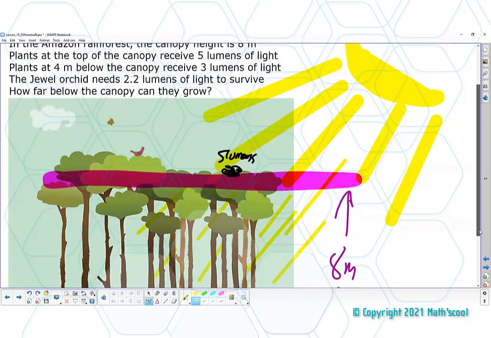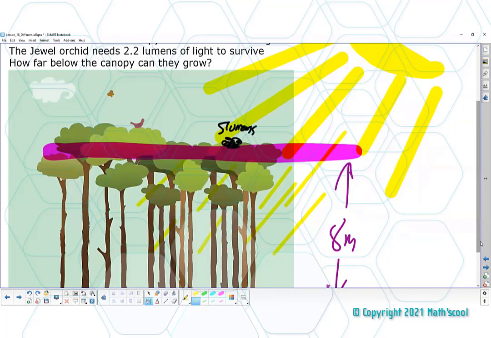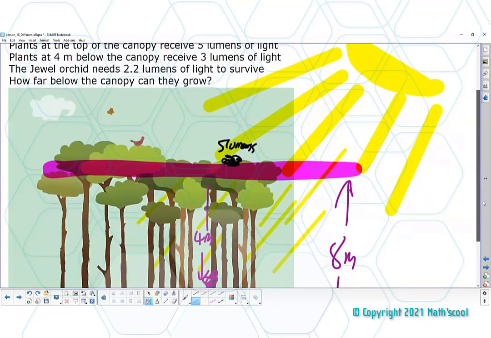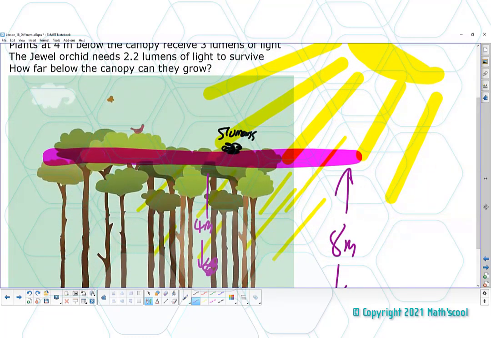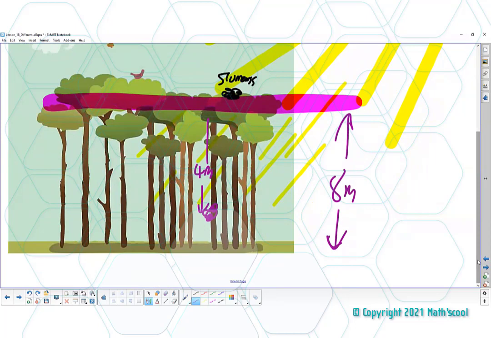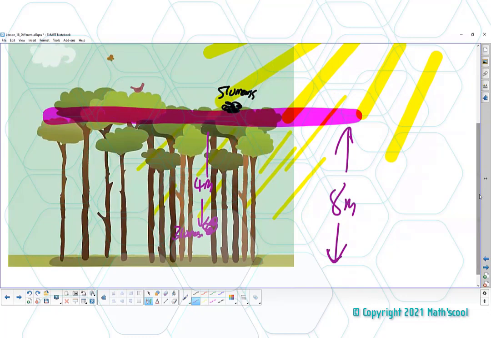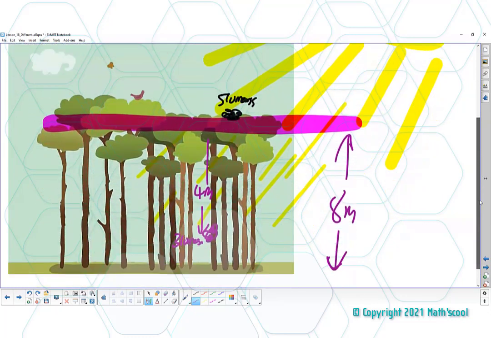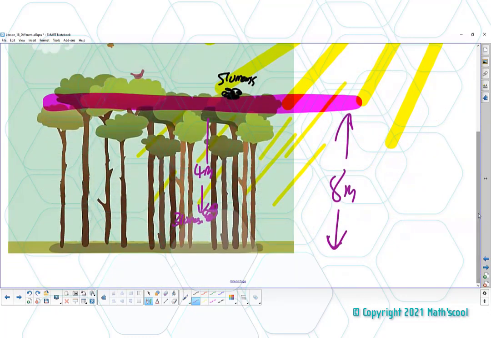If you're 4 meters below, so if you're a plant that's growing here, and you're 4 meters below the tops of the trees, then you're only going to get 3 lumens of light. The jewel orchid needs 2.2 lumens.